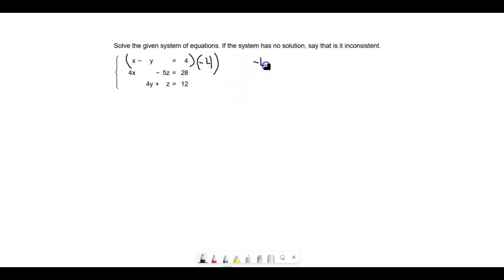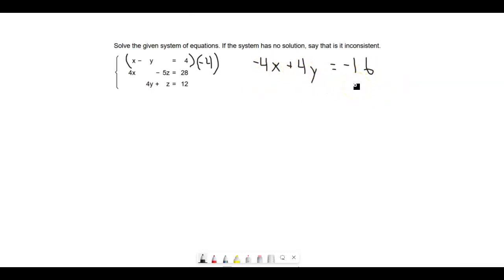Once I multiply it by a negative 4, negative 4 times negative y is just going to be plus 4y, and then finally equals, negative 4 times 4 is negative 16. Negative 16 here.